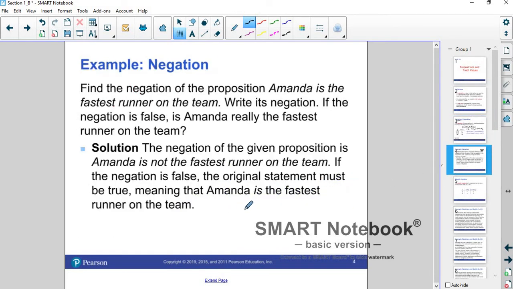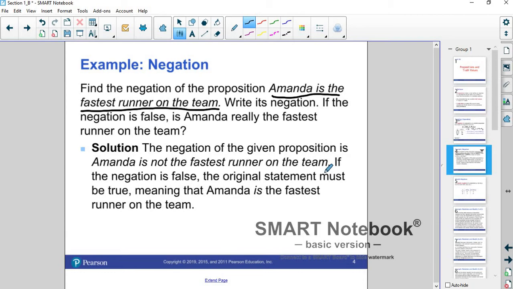Now, one of the reasons we do these truth tables is because sometimes words can be very confusing. And so you have to be careful of what is being said. Find the negation of the proposition Amanda is the fastest runner on the team. Write the negation of that, okay? So that means simply Amanda is not the fastest runner on the team. You can't jump to another conclusion and say, okay, Amanda is the slowest runner.